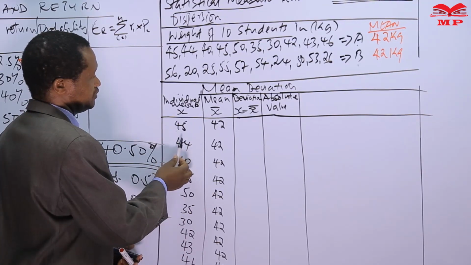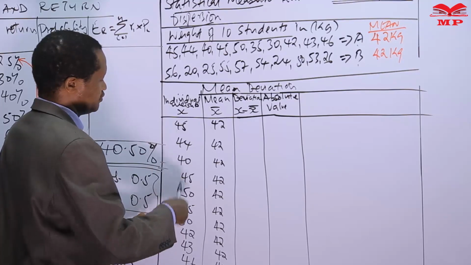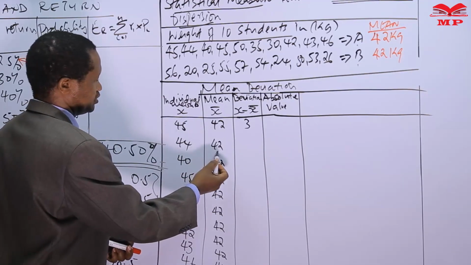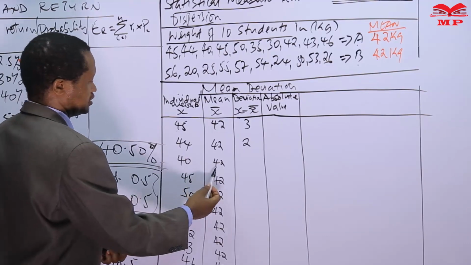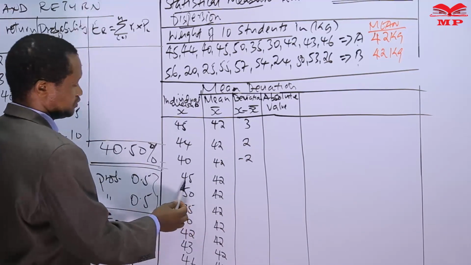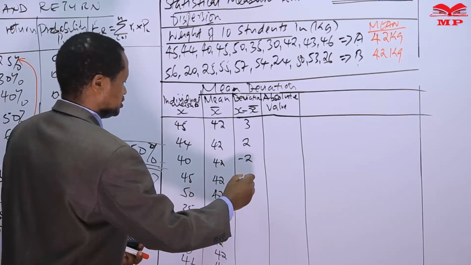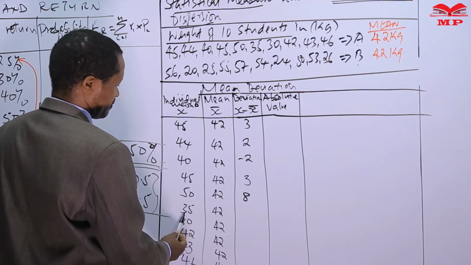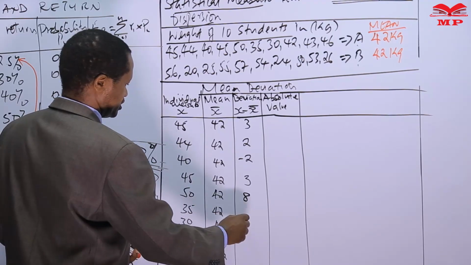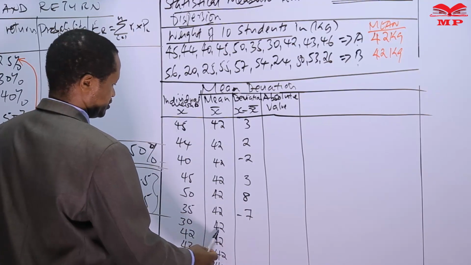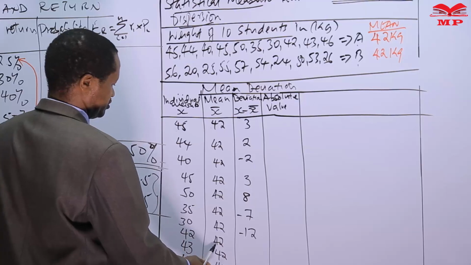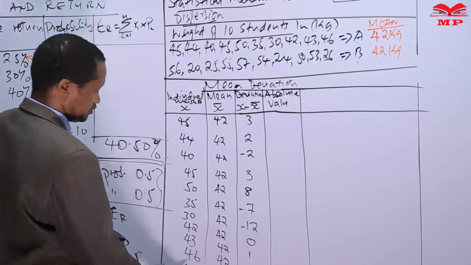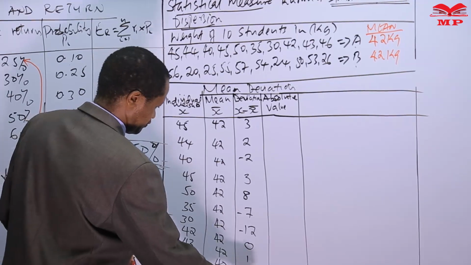The first student deviates from the mean by a value of 45 minus 42, this is 3. 44 minus 42, 2. 40 minus 42 is negative 2. 45 minus 42, 3. 50 minus 42, 8. 35 minus 42 is negative 7. 30 minus 42, negative 12. 42 minus 42 is 0. 43 minus 42 is 1. 46 minus 42, this is 4.